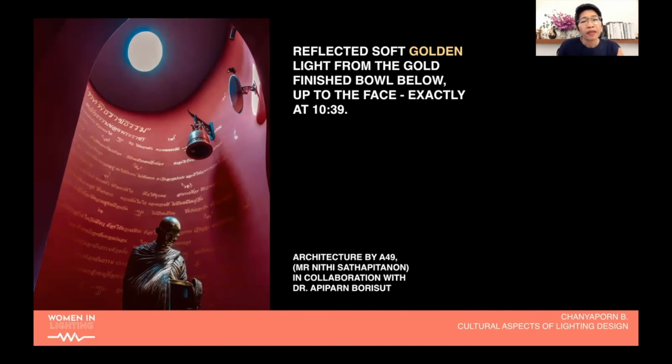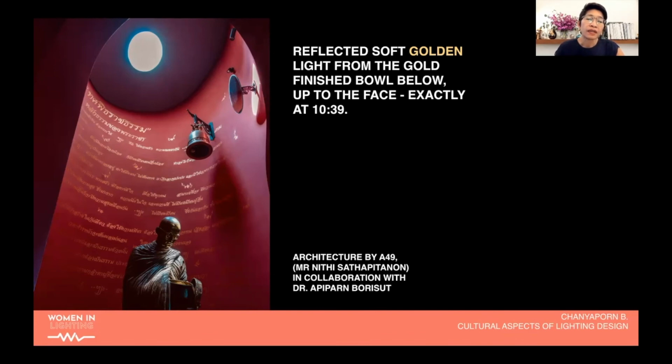And the architect had the idea to highlight his statue on his birthday, 5th of December, at a particular time, at 10:39. In Thai that is 9.99. So 9 is an auspicious number. So for us, we were trying to bring this in as indirect light, but we have to keep the directional quality of the light because we would like to enhance these three-dimensional qualities.